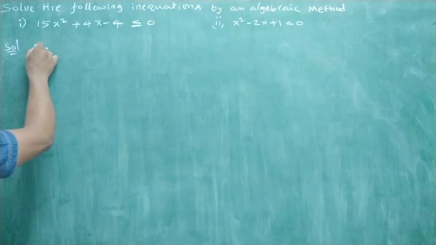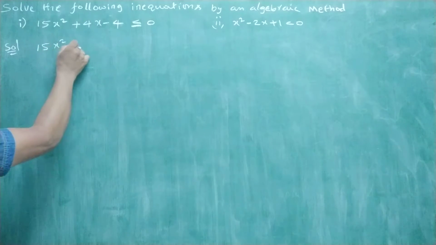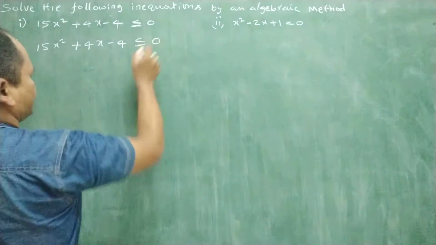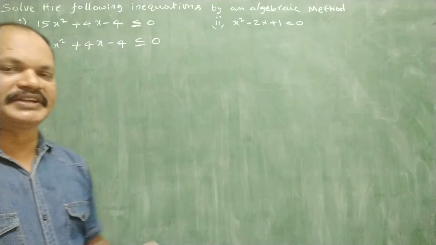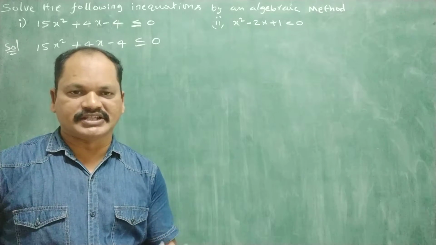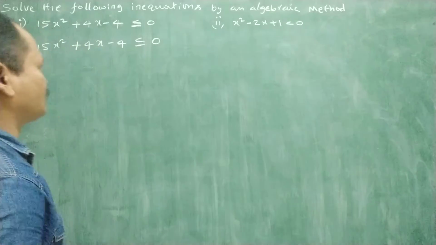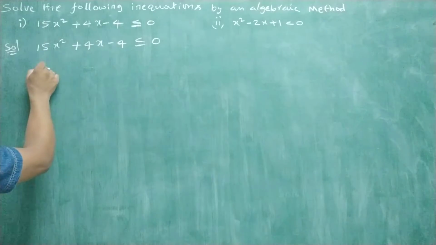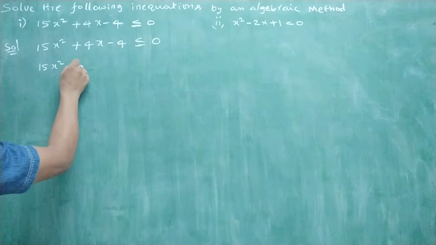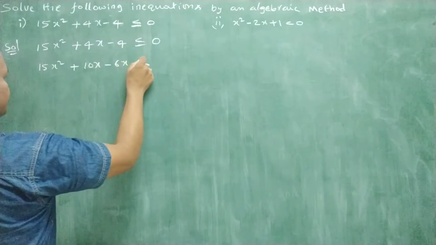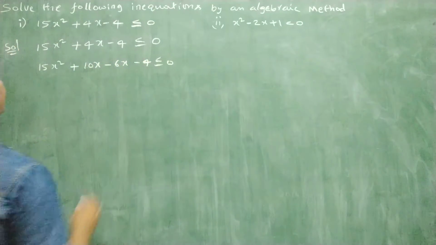one, that is 15x square plus 4x minus 4 less than or equal to 0. That means the expression may be negative or 0. Now we have to find factors for this. Here 16. That's why 15x square plus 10x minus 6x minus 4 less than or equal to 0.